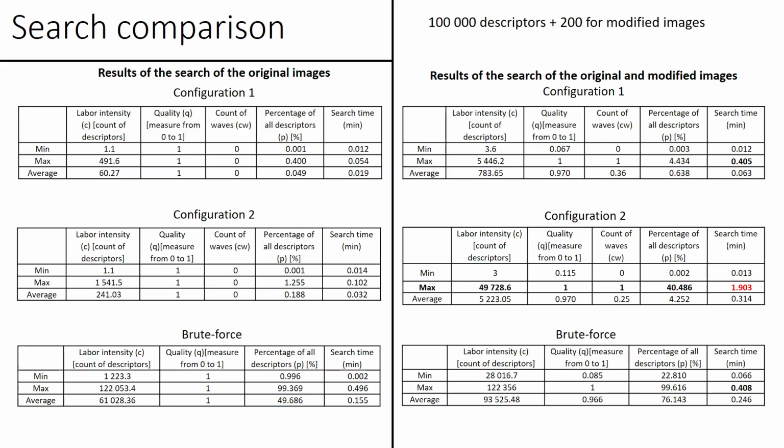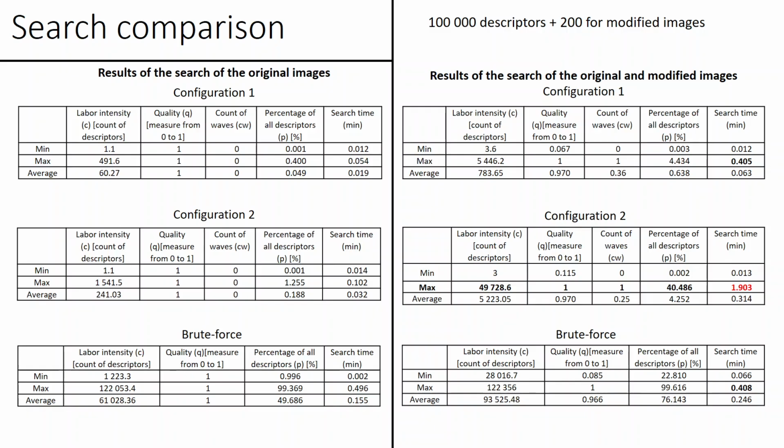This is our main experiment. It's a search comparison for these two configurations, and also for the brute force search. 100,000 descriptors were uploaded to the MDC, and also 100 randomly selected images. Two modifications were created, and the descriptors for these modifications were also added to the MDC.